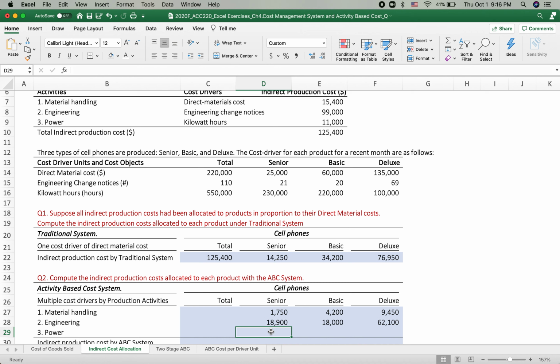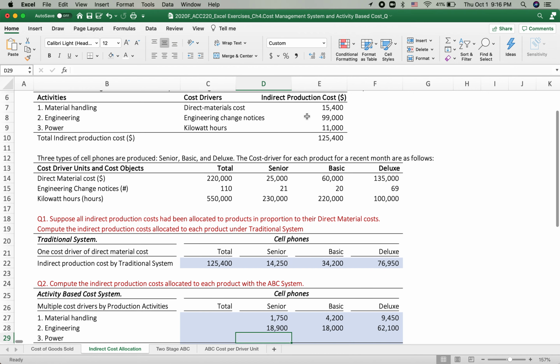And then what about power? Power part. Power, under the power activities, we have the kilowatts cost driver, the specific cost driver matched with this activity. Under this activity, we spent indirect production cost $11,000.